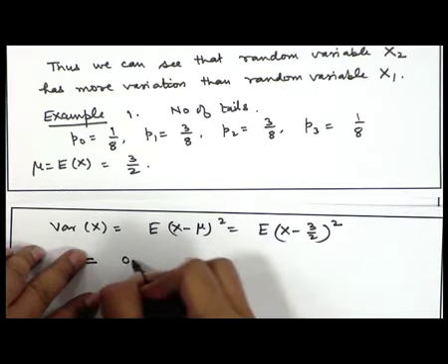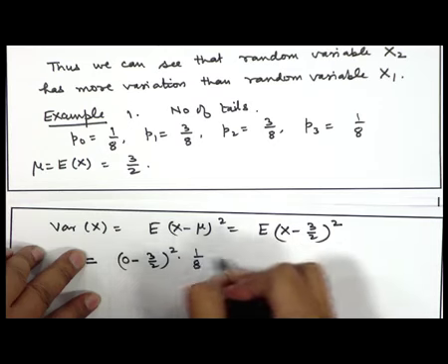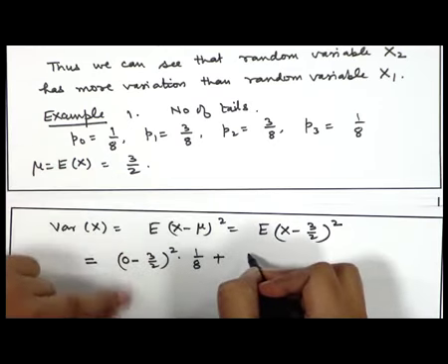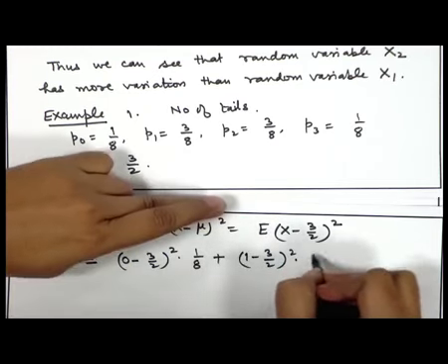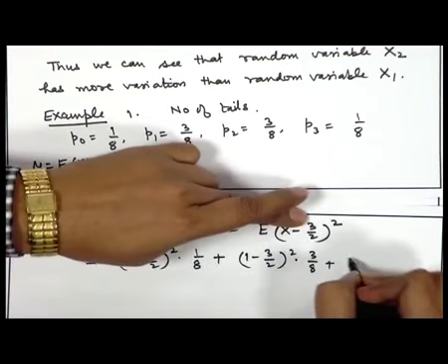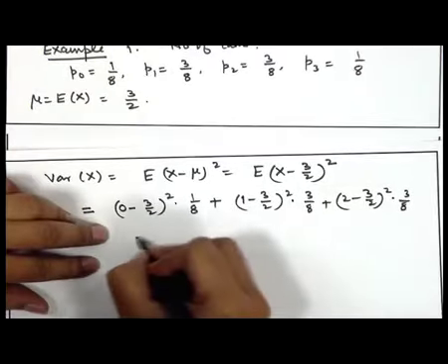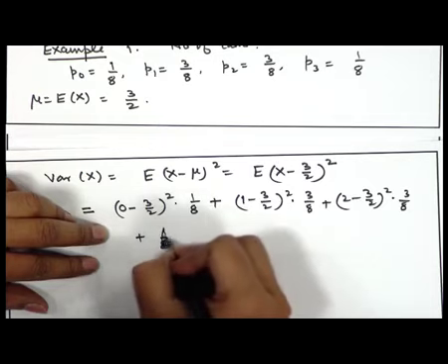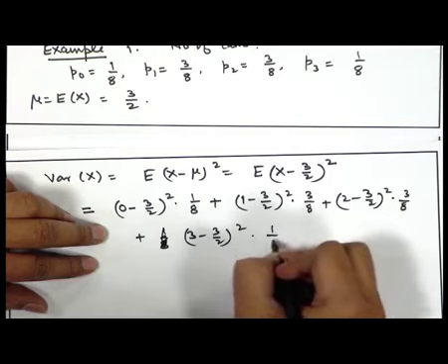That is 0 minus 3 by 2 square into the probability 1 by 8, plus 1 minus 3 by 2 square into 3 by 8, plus 2 minus 3 by 2 square into 3 by 8, plus 3 minus 3 by 2 square into 1 by 8.